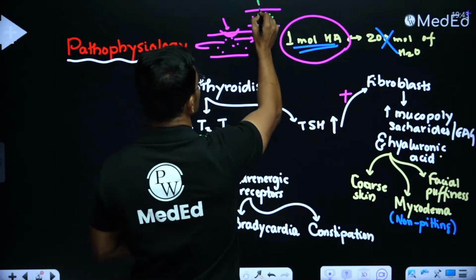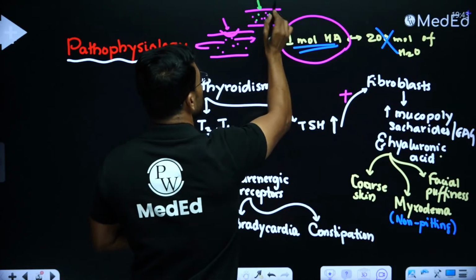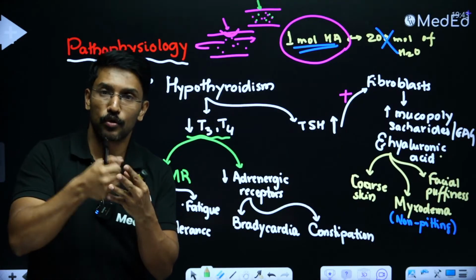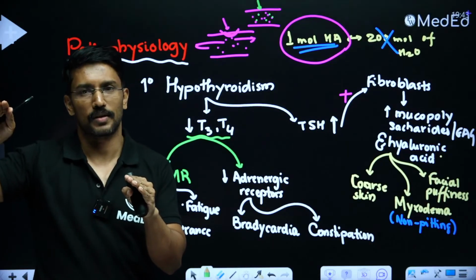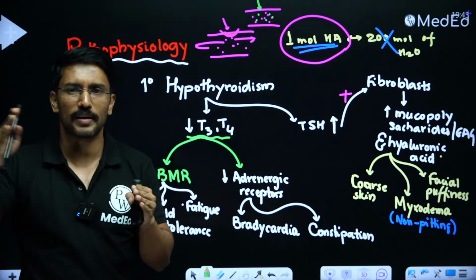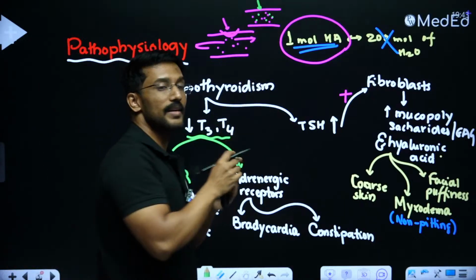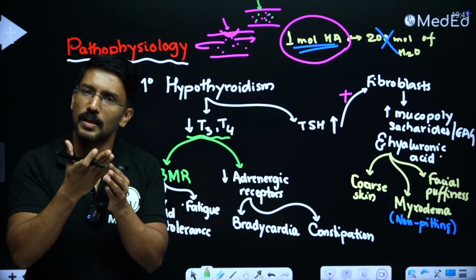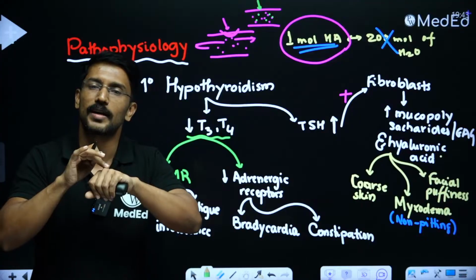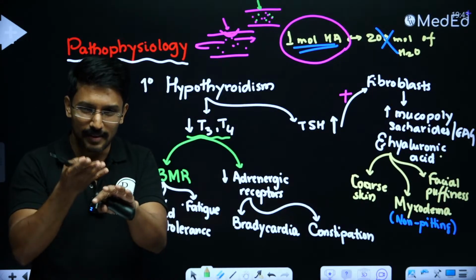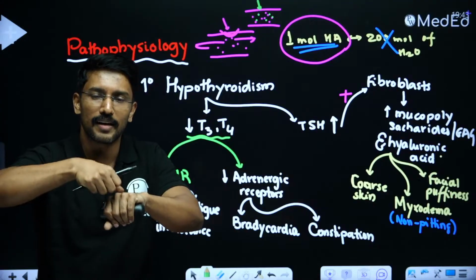So when I compress it, I will not be able to displace these hyaluronic acid molecules. Hyaluronic acid molecules will be bound to tissue, so they cannot be displaced from there. So if I compress, hyaluronic acid will not be displaced. And if hyaluronic acid cannot be displaced, the water molecules that are bound to hyaluronic acid will also not be displaced. That is how I end up with what we call non-pitting edema. I cannot displace it. Edema is there, you can see it, but you cannot create a pit.